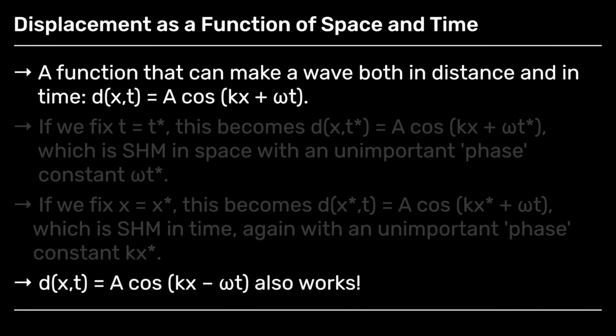The plus sign in A cosine kx plus omega t doesn't matter. Cosine of kx minus omega t would work just as well.